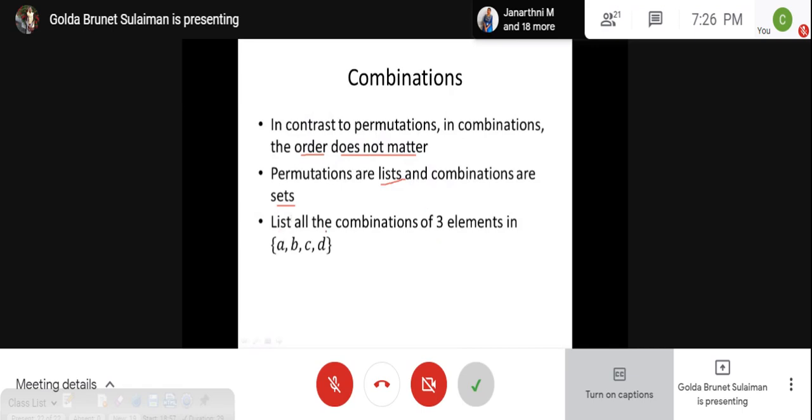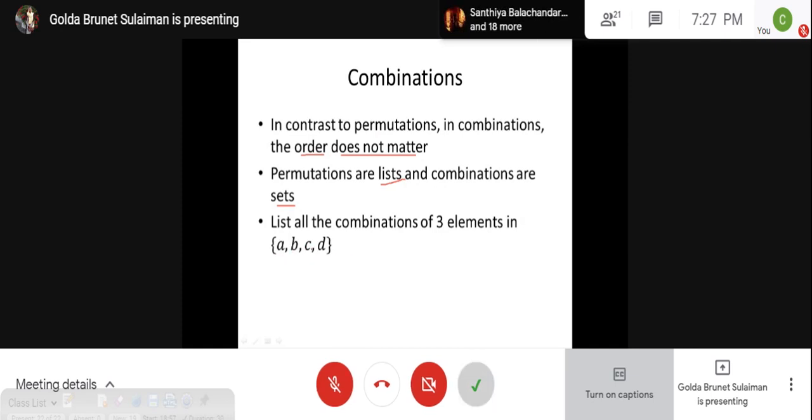So can you list all the combinations of 3 elements in this set now? Here we are not giving importance to the order. So what does it mean?